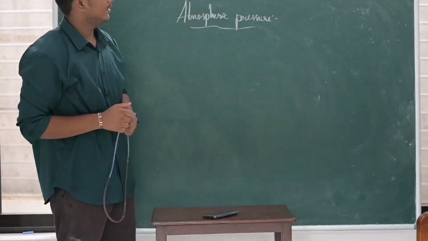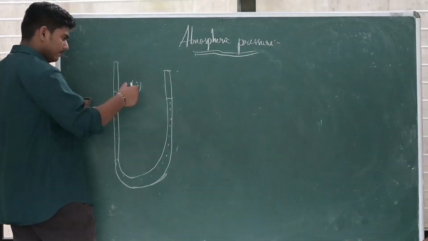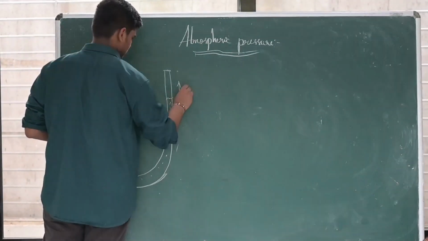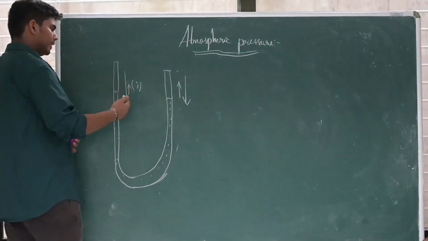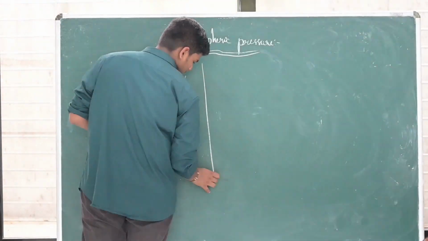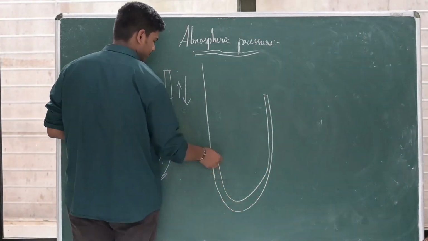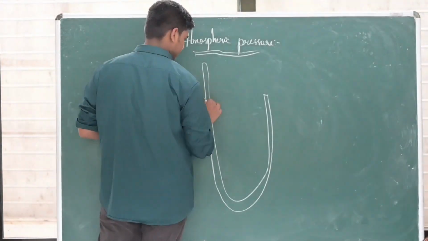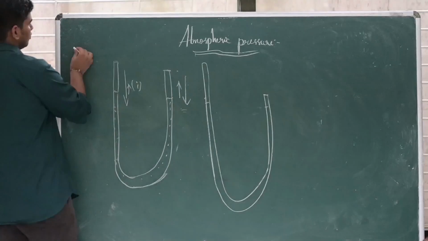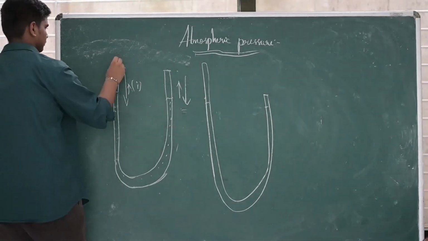We'll see why, okay? Now what did we see in the previous clip? We took a tube, we moved it up and down. Now when we moved it up and down, no matter at what height the other tube was, we got the same fluid height. Am I right? Why? Look, the atmosphere we live in has pressure.